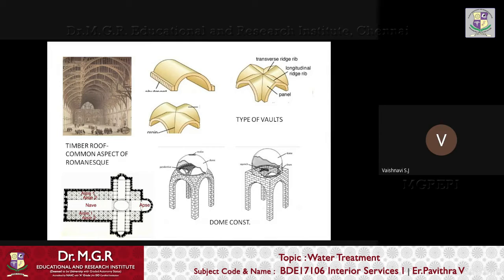The portion where the dome intersects, you have a triangle part. When you insert the dome over an arched wall, that triangle part is called pendentive. And when you insert the dome in a square-shaped wall, the part which is formed inside is called squinch. So one type is pendentive construction, and one more is squinch construction.